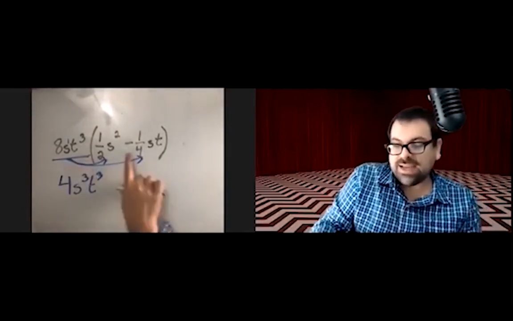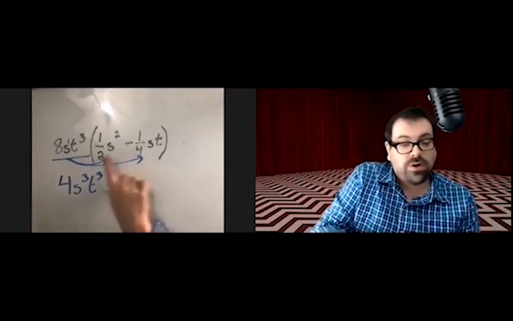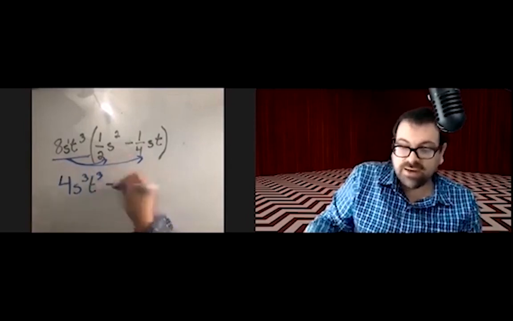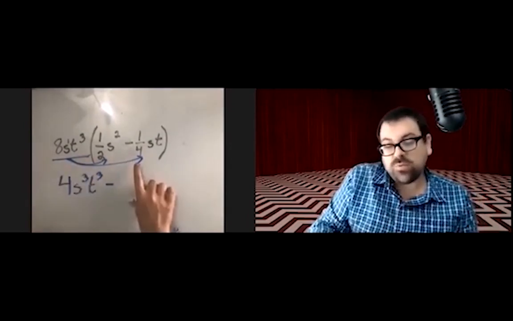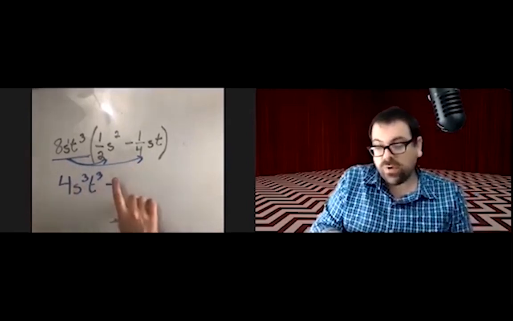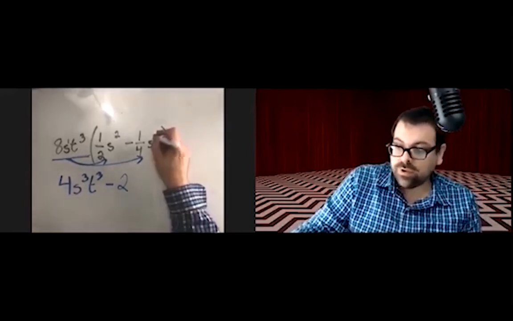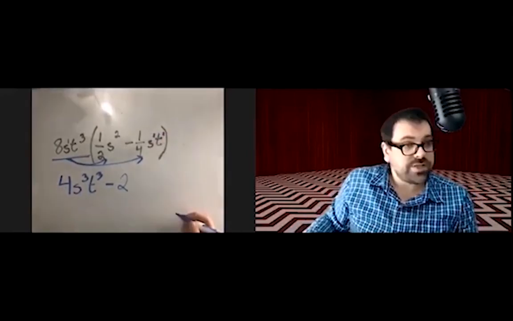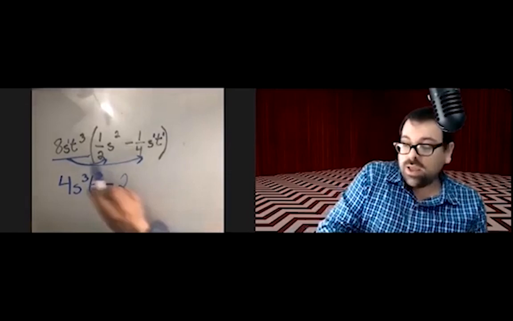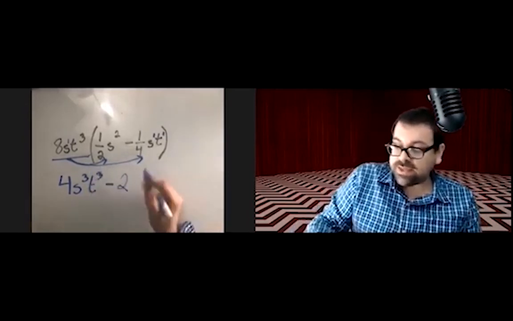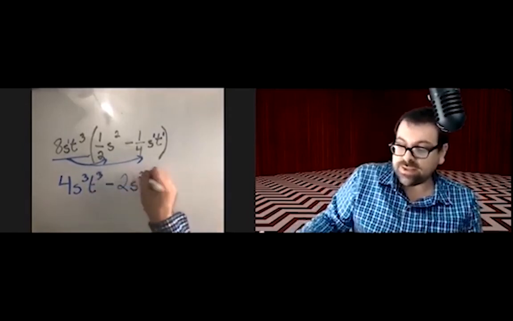And now 8 times negative 1/4. Positive times negative is negative. 8 times 1/4 is 8 over 4 is 2. It's an s to the first, t to the first here. S times s is s squared.